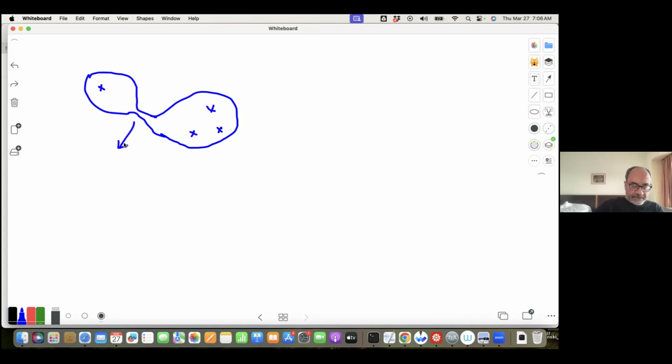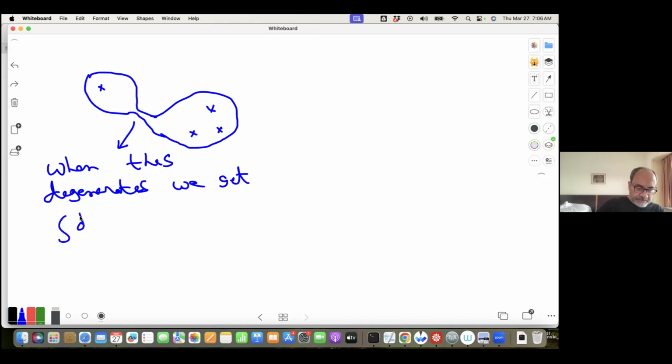So when this degenerates, we get integral dq over q, q to the power k square plus m square. Okay, terms like this.